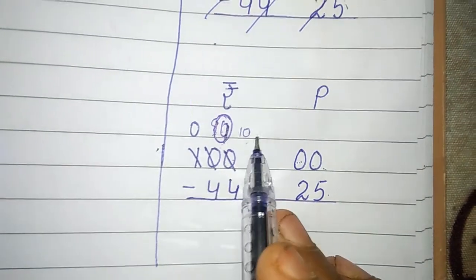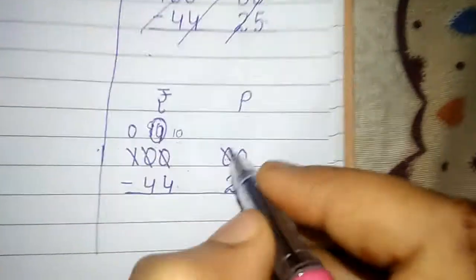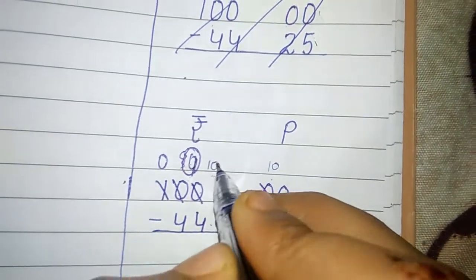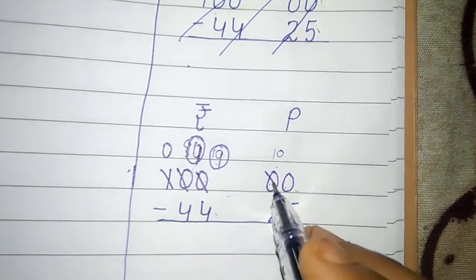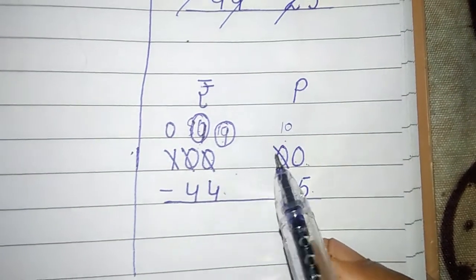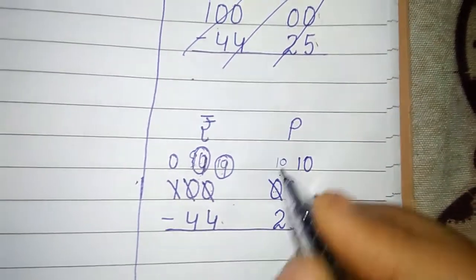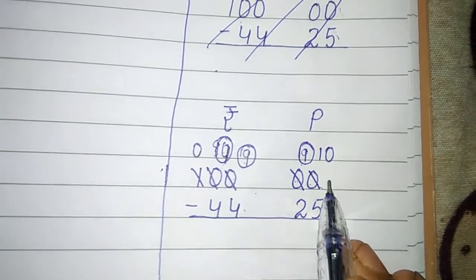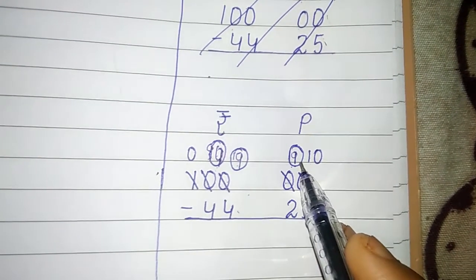Similarly, each neighbor gives 1 to the next one: 0 became 10 and 10 became 9, and again 0 became 10 and 10 became 9. Clear?